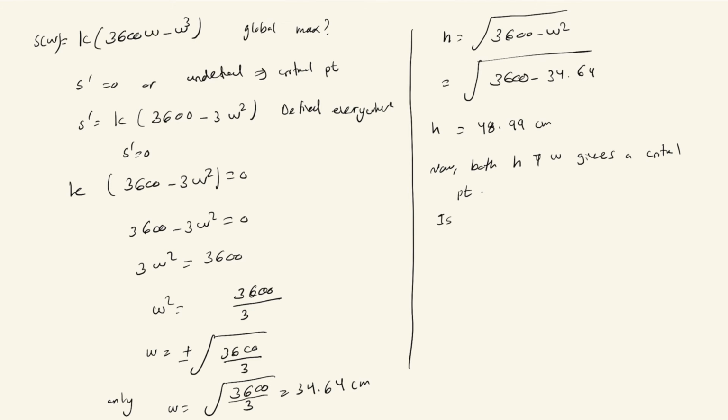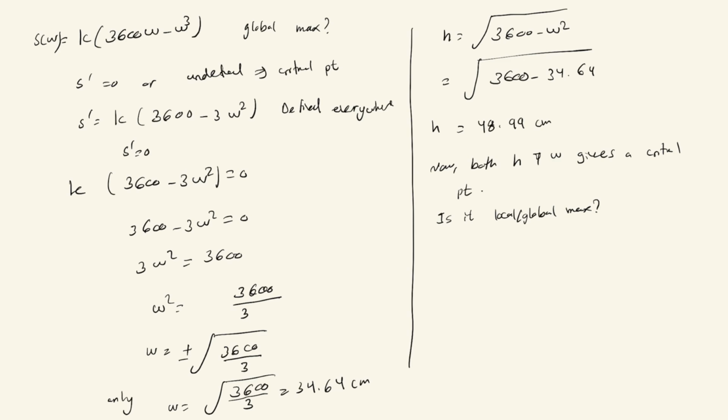Now we want to see if W is a maximum for the function. So here, I can use the first derivative test or the second derivative test. Here, I'm going to use the second derivative test. So first, I'm going to find the second derivative.